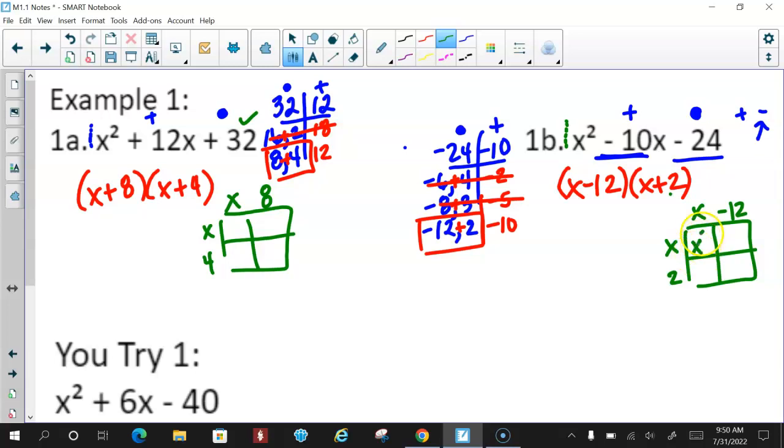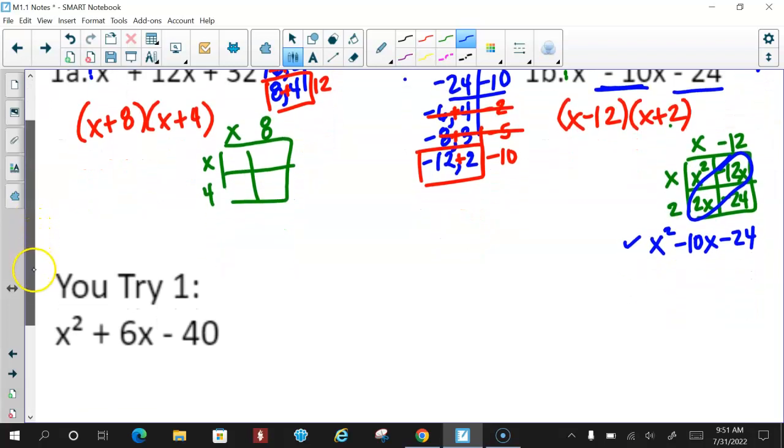So x times x is x squared, negative 12x. Here we've got 2x, and negative 12 times 2 is negative 24. Then, of course, notice, do we have like terms? Absolutely. So here I've got x squared, negative 12 plus 2, negative 10x minus 24. So notice how it works.